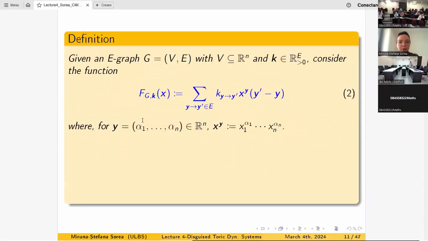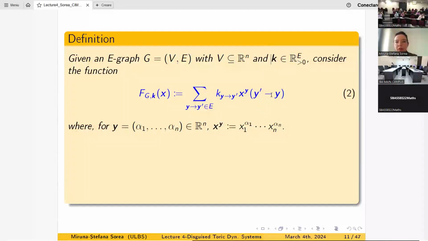So the first definition is that if you are given a graph, an E-graph, let us denote by f index gk this function that we already encountered when we created the mass action ODE system. Here this is a vectorial notation, and you see we have the graph decorated with the rate constants, the k's.